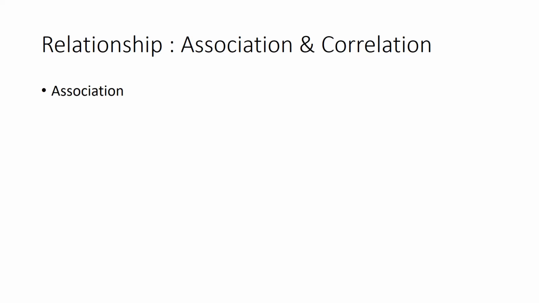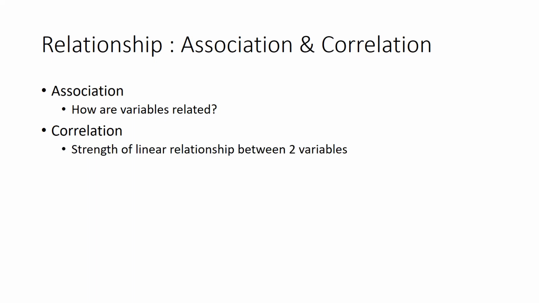We are just going to look at the statistical parameters we have seen earlier, such as mean, median, variance, etc. And based on those values, we can make some guess of how the variables are associated with each other. Then we have correlation, which is a more mathematical definition, supplementary to the association definition. It will give the strength of the linear relationship between two variables.